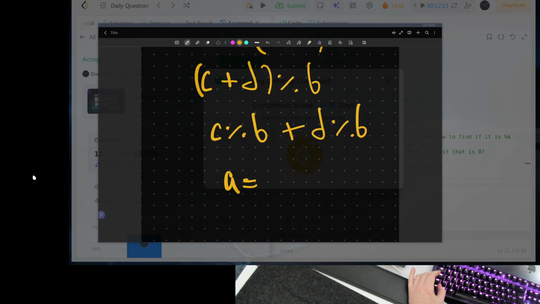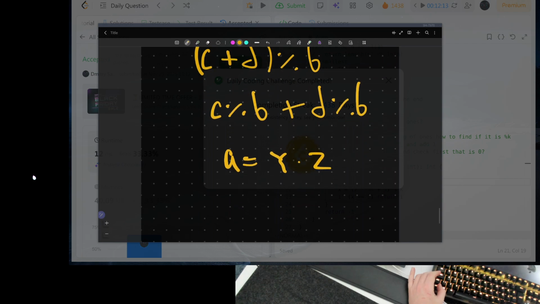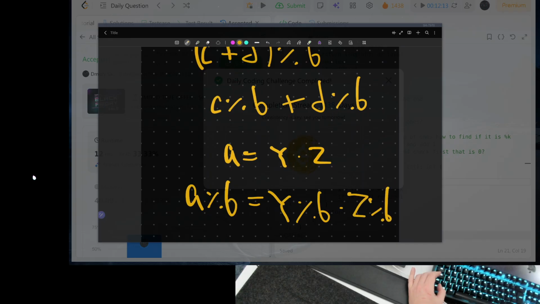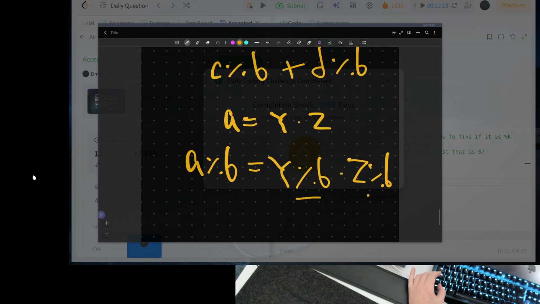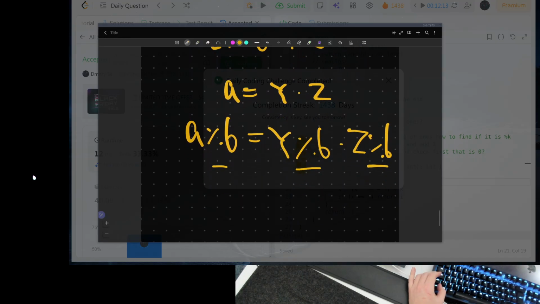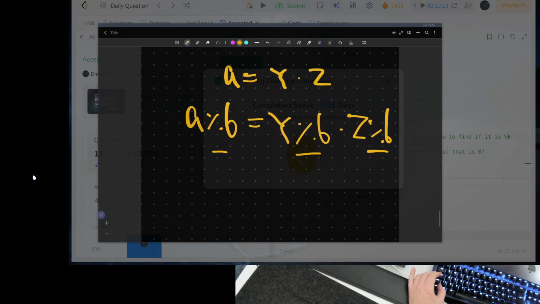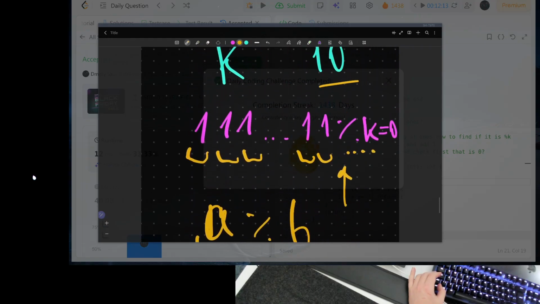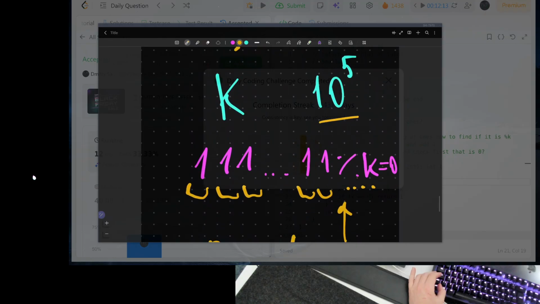For example, A is Y times Z, and that can be transformed like this, times Z. So this operation is pretty simple, I would say.